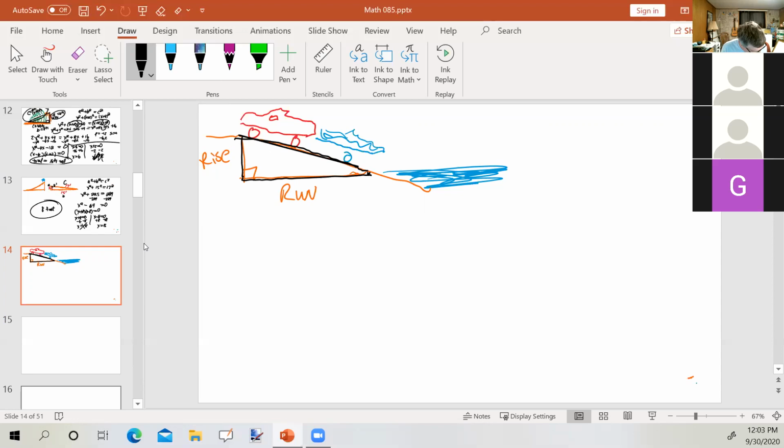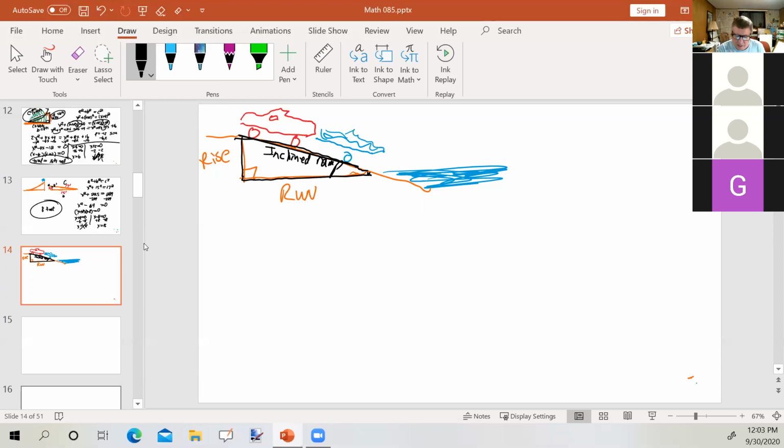The inclined ramp is that top piece. So again, we've got 3 sides. The inclined ramp is 8 meters longer than the rise, and the run is 7 meters longer than the rise.